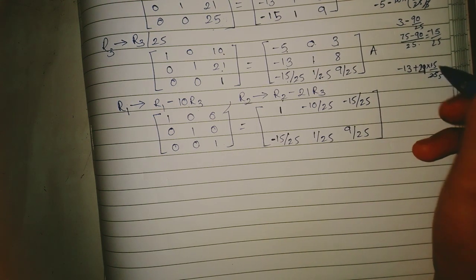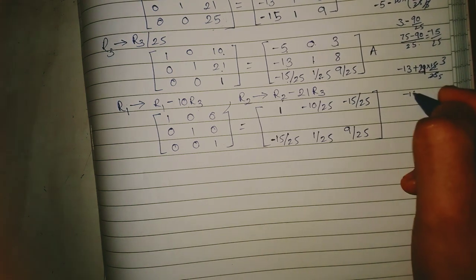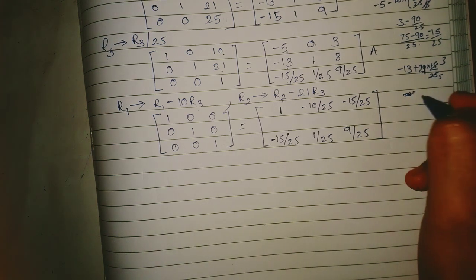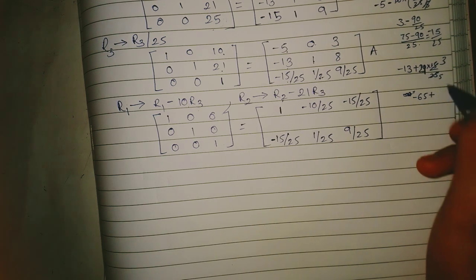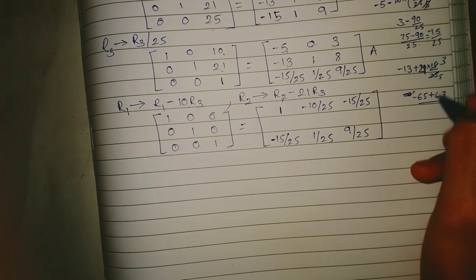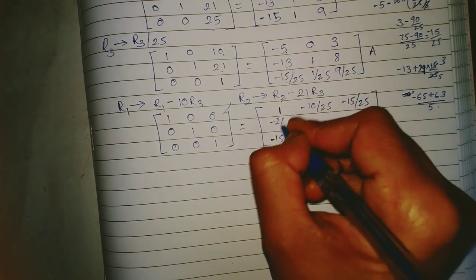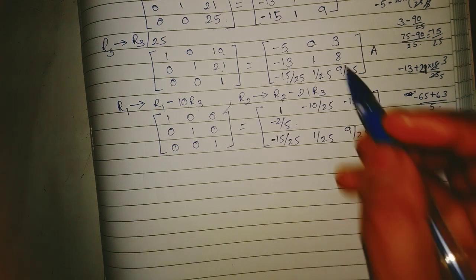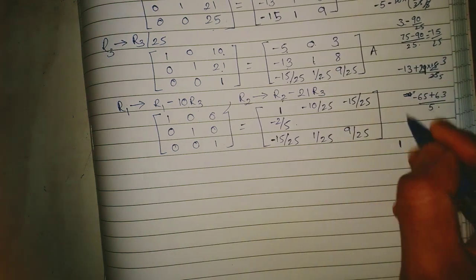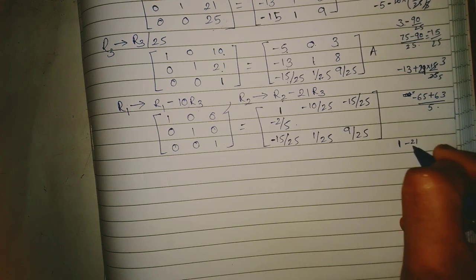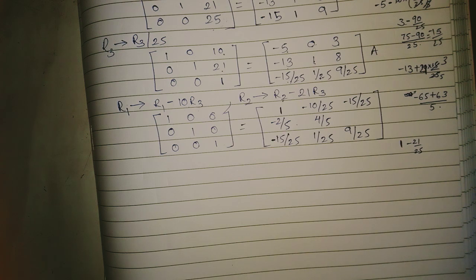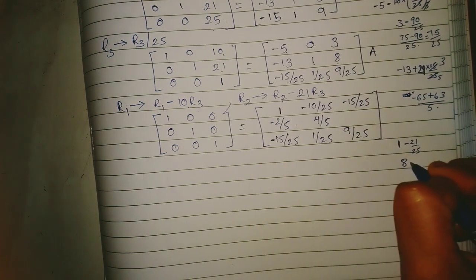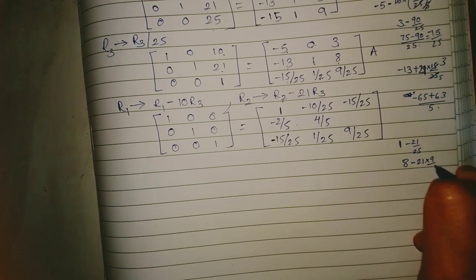Okay, so this 5 remains, so you have to multiply this. Minus 13 into 5, minus 65 plus 63 upon 5, so this is minus 2 by 5. Okay, next is 1 minus 21 upon 25, so this is 4 by 5. Then 8 minus 21 into 9 upon 25.